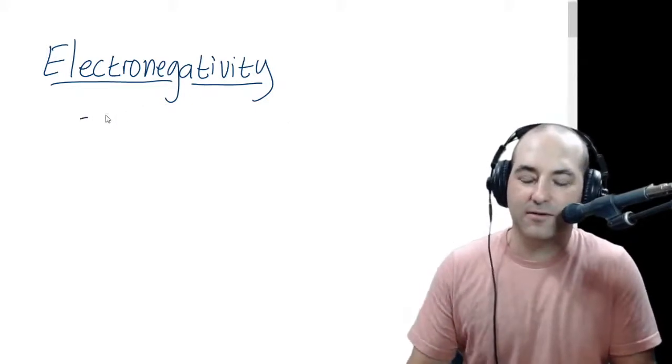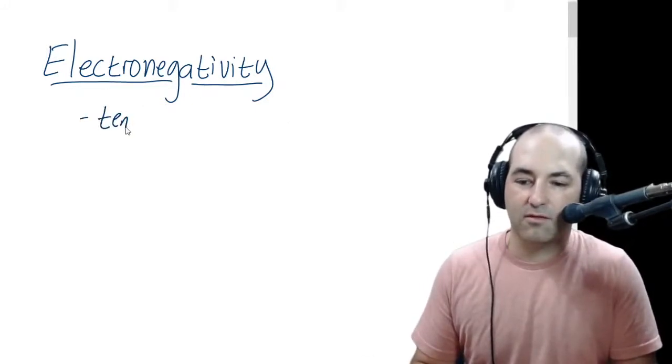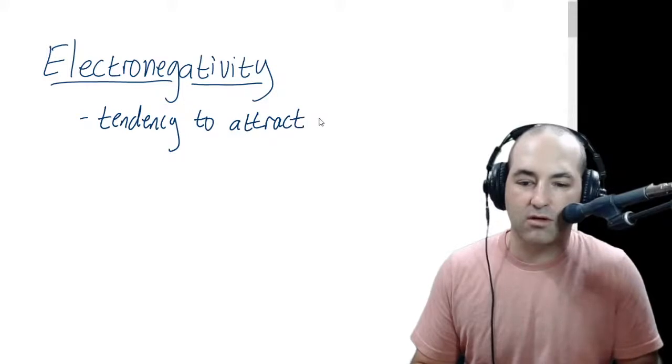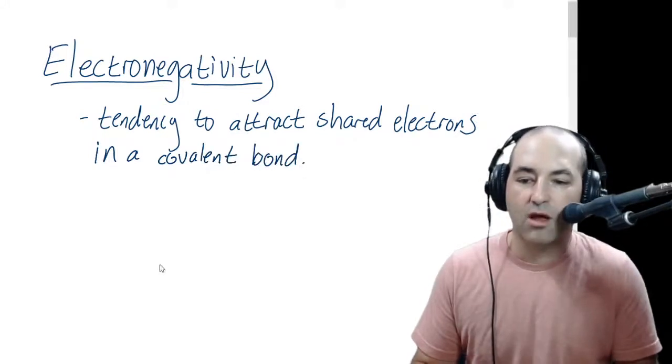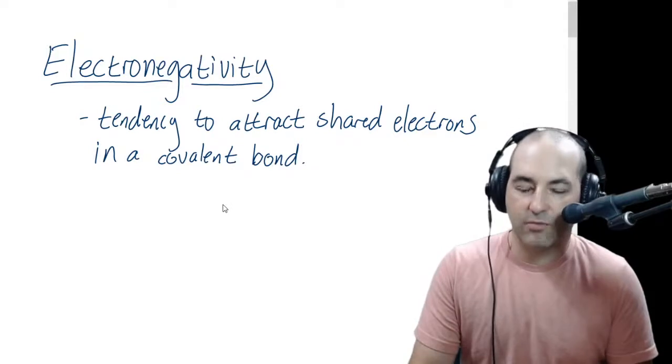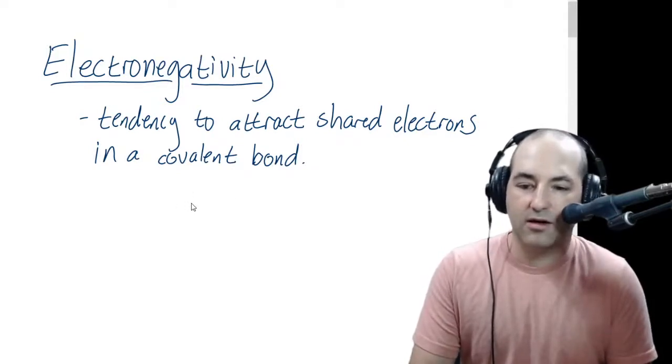Electronegativity is the tendency to attract shared electrons in a covalent bond. So last time we talked a little bit about this idea of a bond being two shared electrons between two atoms.